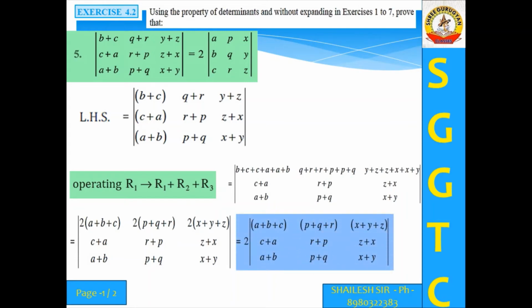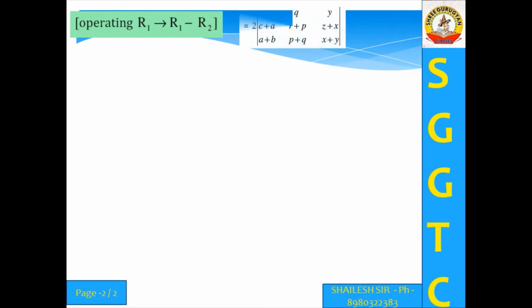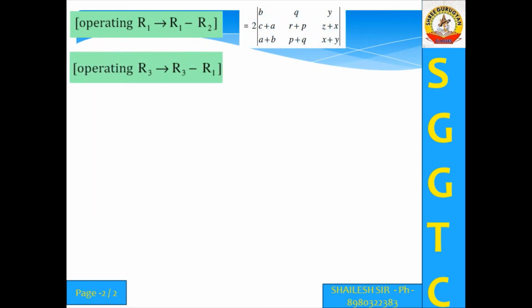First of all, LHS. On the LHS, just adding gives you 0 in the terms. So R1 minus R3, very easy. And R3 minus R1 is also the same. So finally you get BQR and last you get APX.